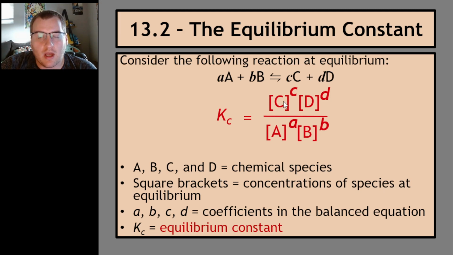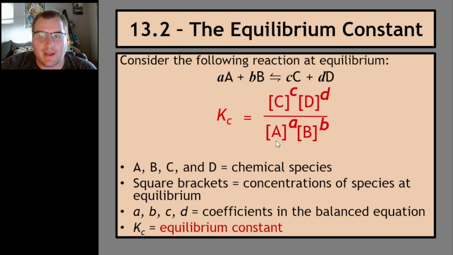So we have the molarity of our thing C raised to the power of c. Now this c is talking about the little c, the coefficient. We have it times the concentration of capital D raised to the lowercase d, which is talking about this d. So you put your products on top with your coefficients being your powers, divided by your reactants, products over reactants.